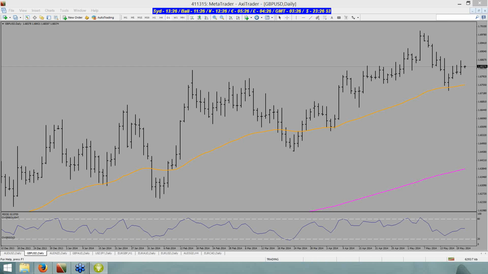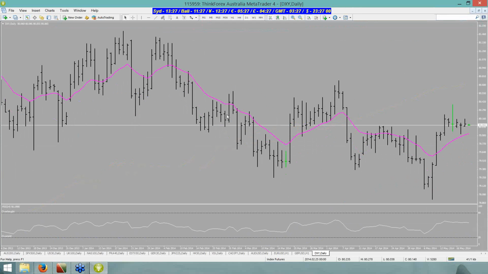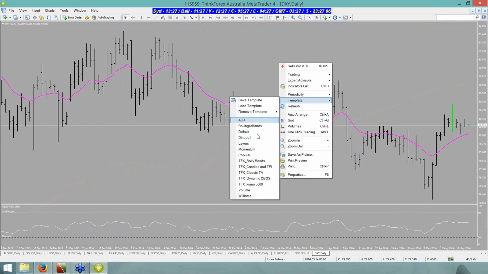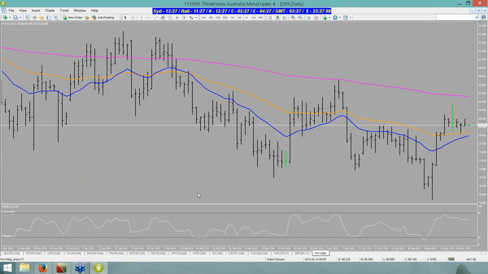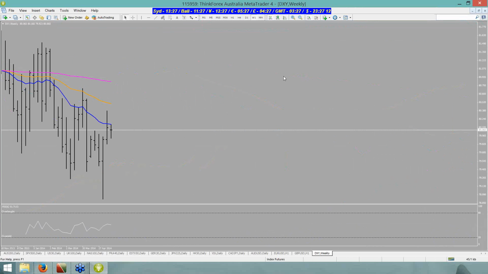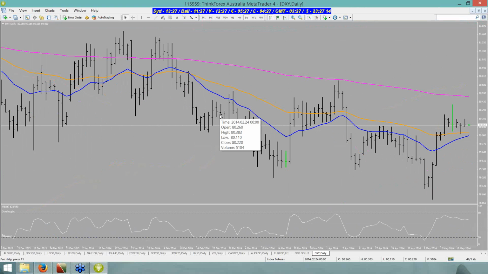It's traded as a futures contract with a few other brokers. Here's one. This is the dollar index, right? So there's the dollar index, this is the US dollar, it's a basket of currencies.